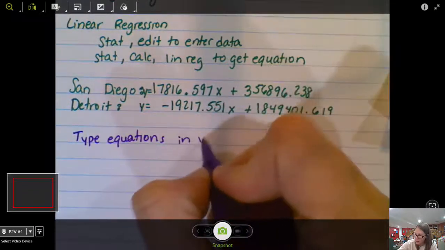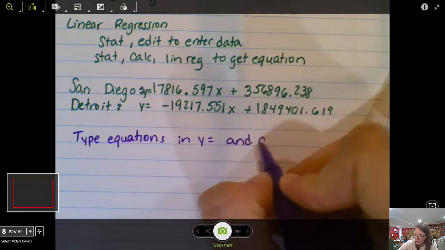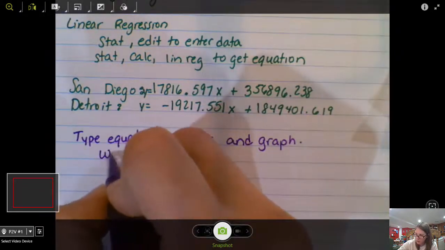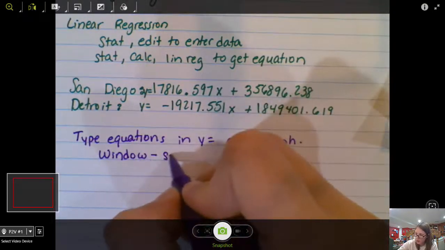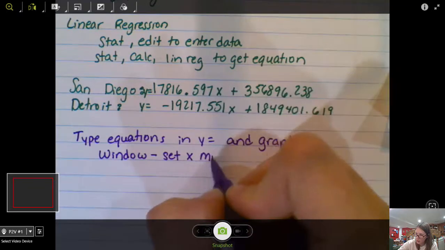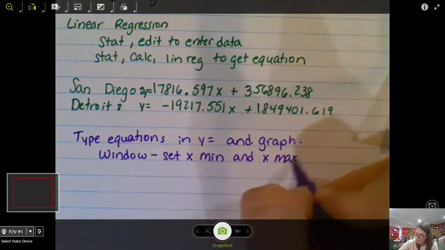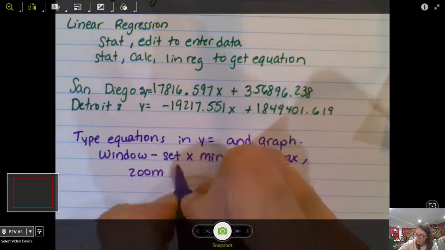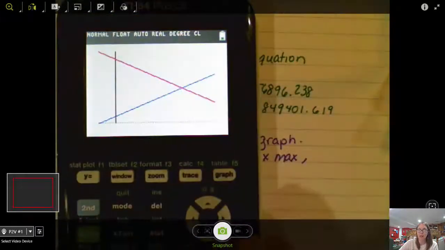Type our equations in y equals and graph. Window, set your x min and x max. Zoom fit. And that gave us this nice picture.